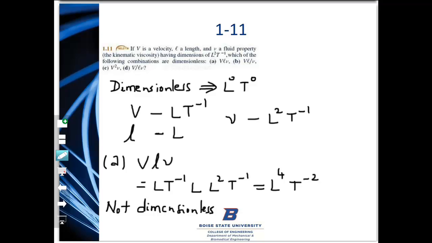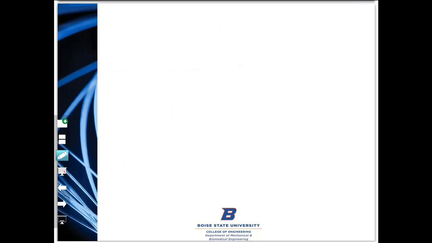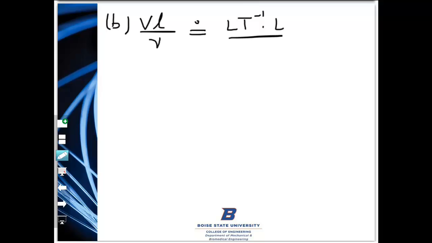Okay, so similarly for part B, which is V L over nu. In terms of dimensions, we put L t to the negative 1 times L for the length, and divide by the kinematic viscosity, and you'll see that this ends up being L power 0, T power 0.